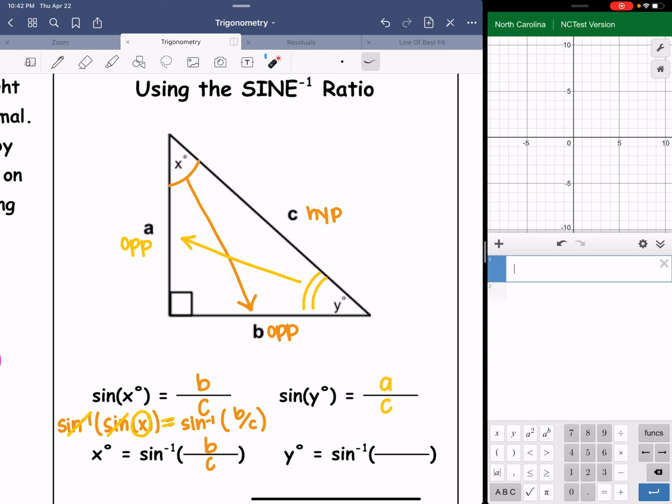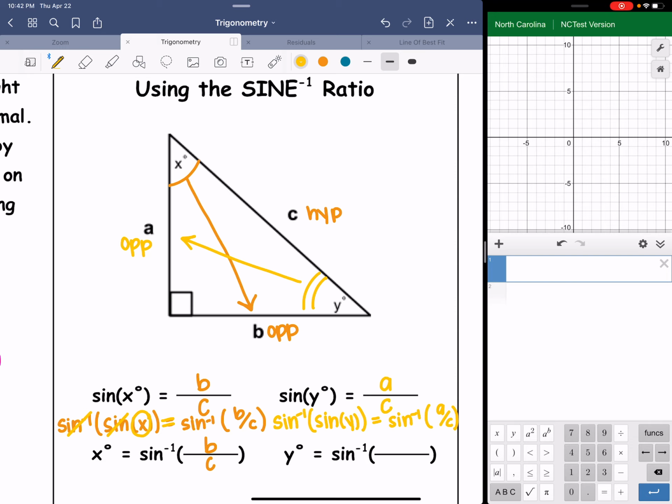Now, if I were solving for y, I want to get y by itself, so I need to get rid of the sine. To get rid of it, I'm going to take the inverse on each side. So that would mean I'm taking sine inverse of sine of y equals sine inverse of a over c.